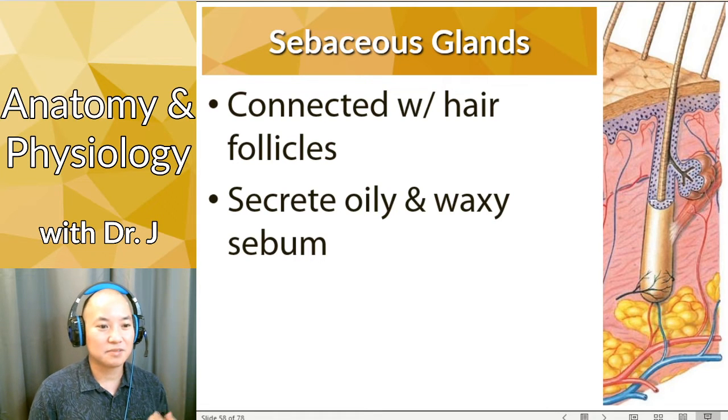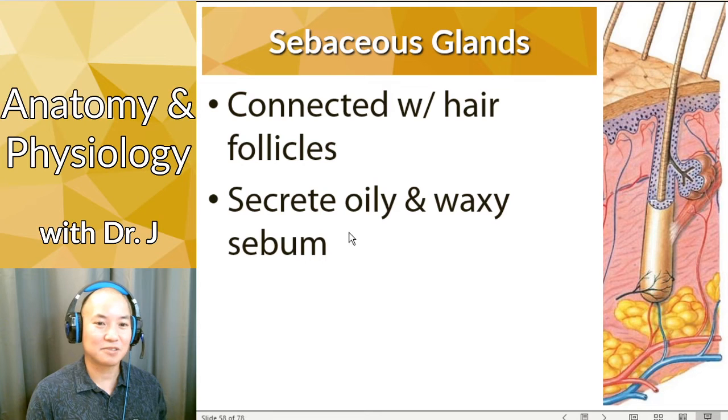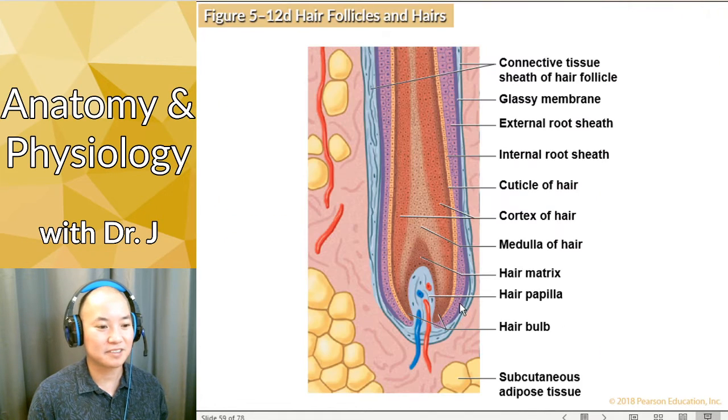That's the whole reason why people use conditioner. By adding oils and waxes, you help to preserve the structure of your hair as it gets older and longer. Again, sebaceous glands are very important. They produce that sebum to help coat your hairs.